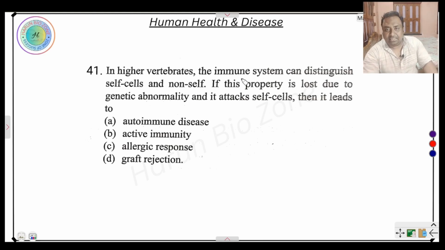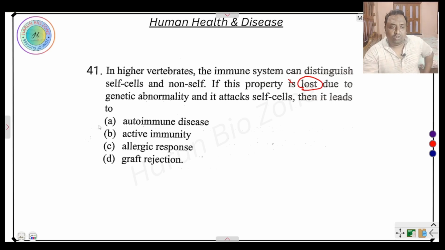In higher vertebrates, the immune system can distinguish self cells and non-self cells. If this property is lost due to cell genetic abnormality and it attacks self cells, then it leads to, the question wants to say, sometimes due to some chemical structure related to foreign substances, the immune system does not recognize the self cell and destroys the self cell. This is called autoimmune disease.